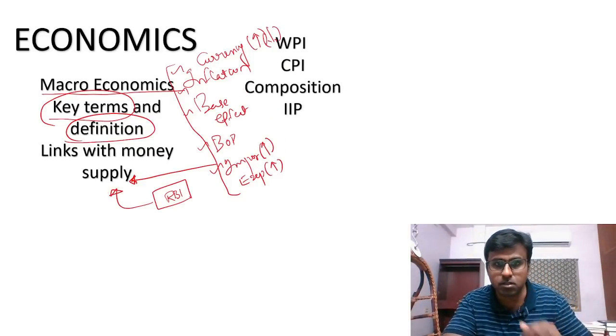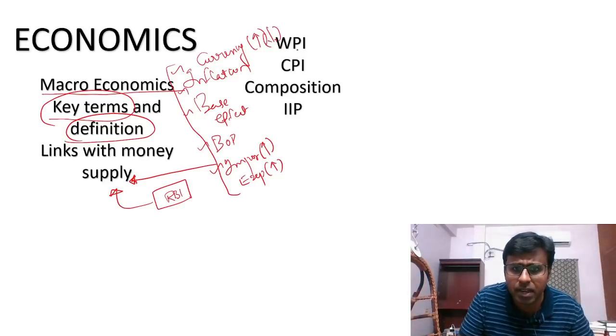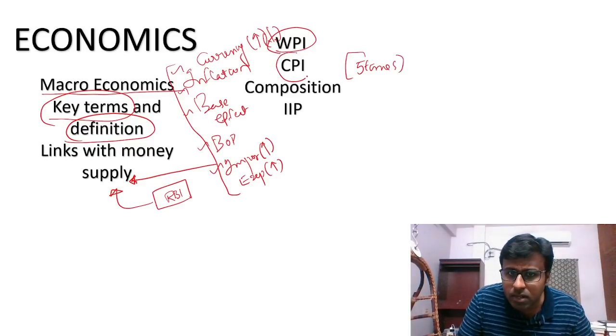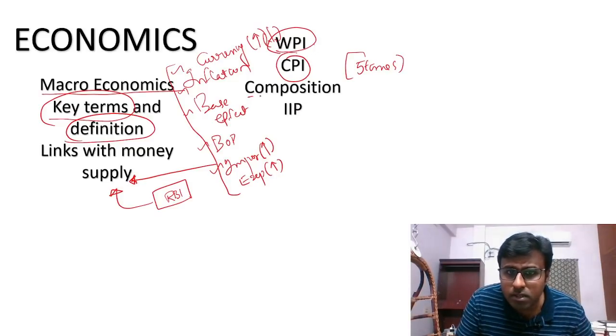Okay, next is this, see, next is very important, idha vandu they have, I think 4 or 5 times they have asked. Okay, what is this wholesale price index, what is this consumer price index, what are all its composition.